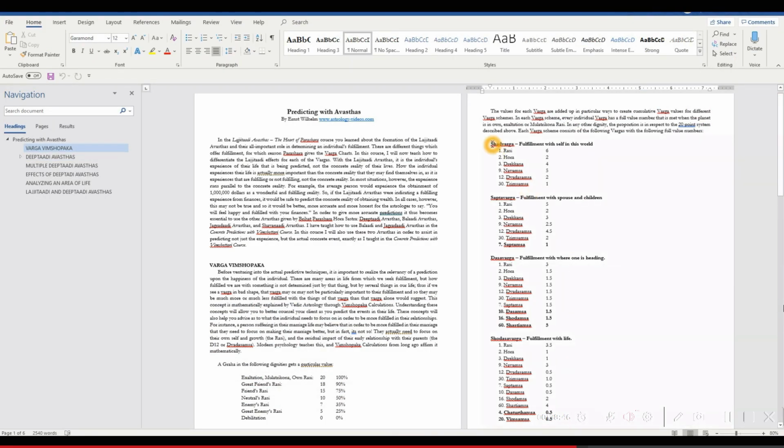Here's that table again. In the Shadvargas, these are the things that give value. The Rashi gives 6/20ths, the Hora 2/20ths, the Drekana 4/20ths, the Navamsha 5/20ths, the Dwadasamsha 2/20ths, and the Trimsamsha 1/20th. So Trimsamsha is not even worth that much.